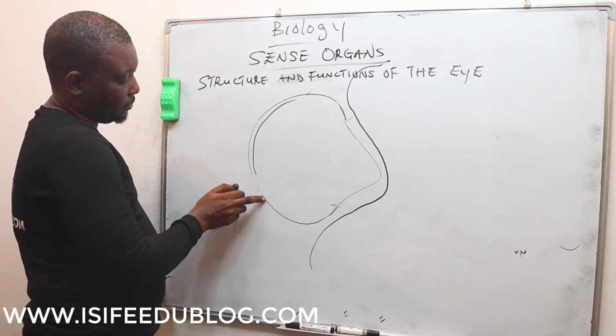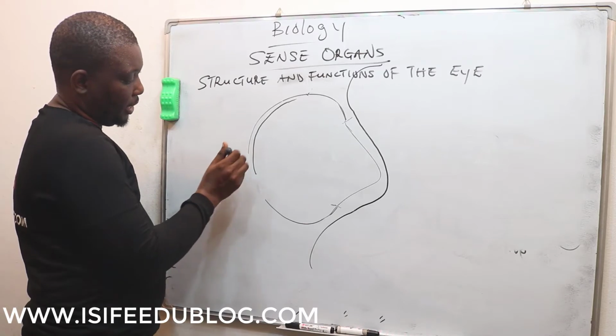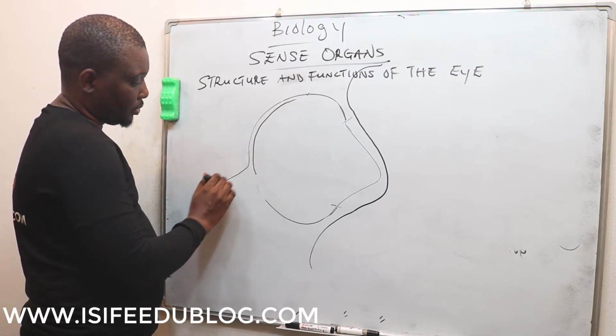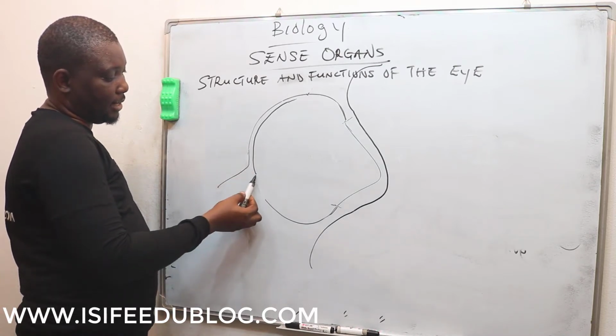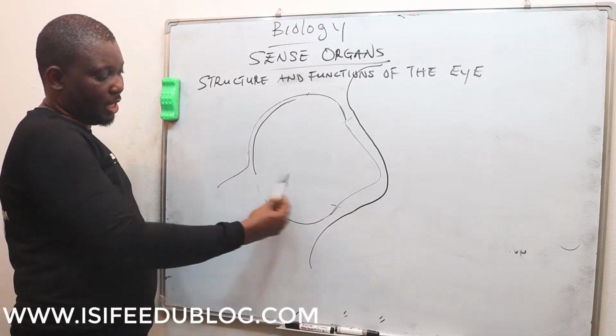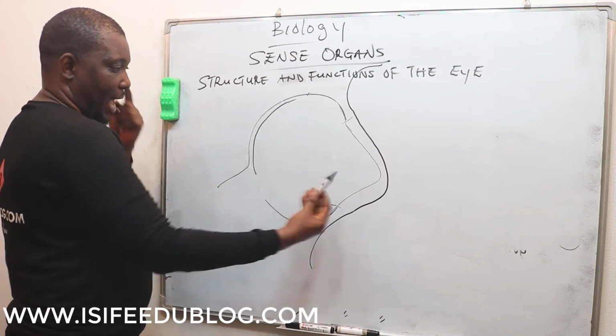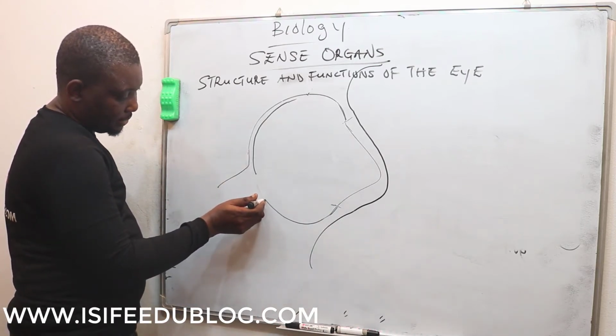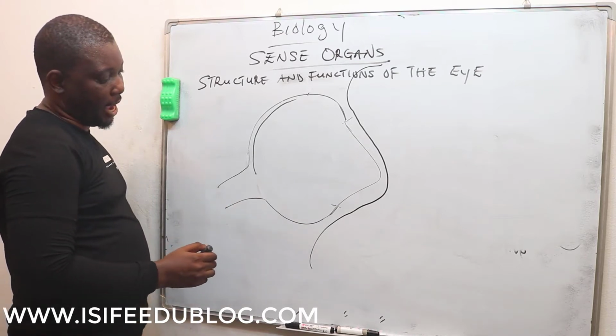An opening where the eye opens, and there is an outlet of impulses leaving the eye from the eyeball. So remember to break that part of the eye.